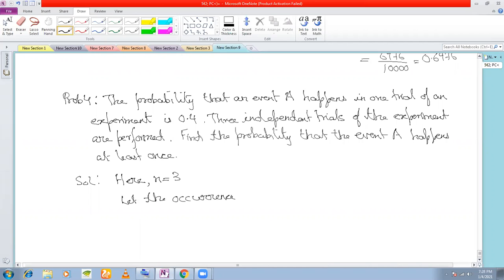So let the occurrence of event A be considered a success. What is the probability of success?